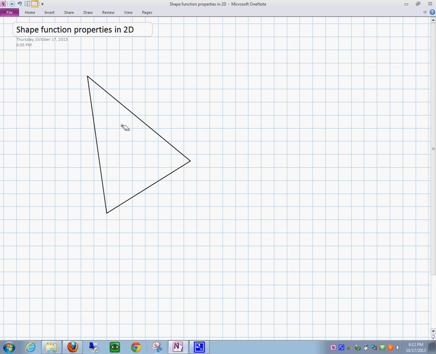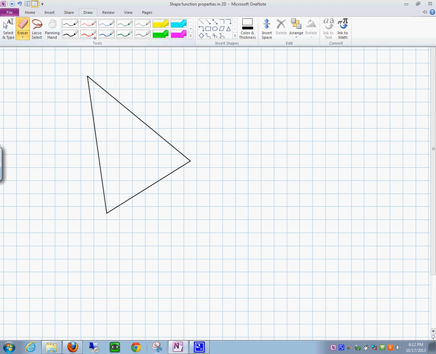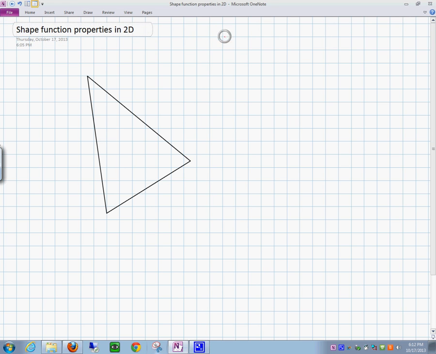The question is, what are the shape functions and why is the shape function equal to 1? The first challenge that we have is in here. What are shape functions?